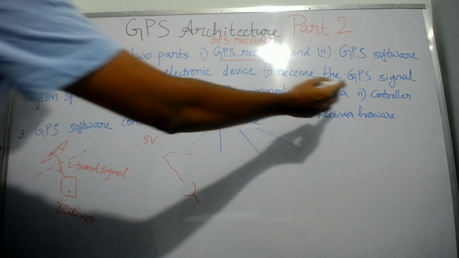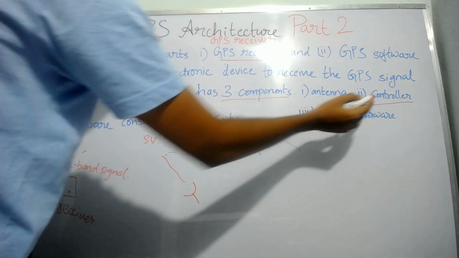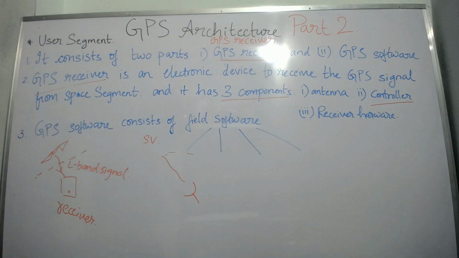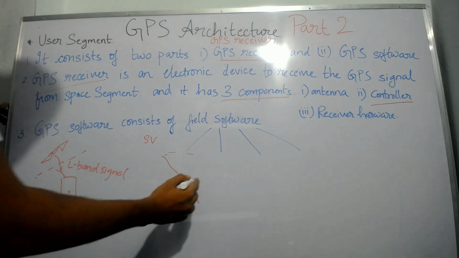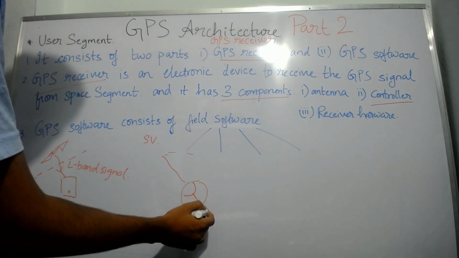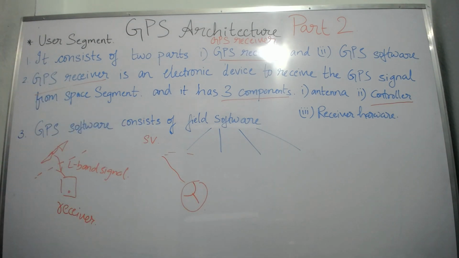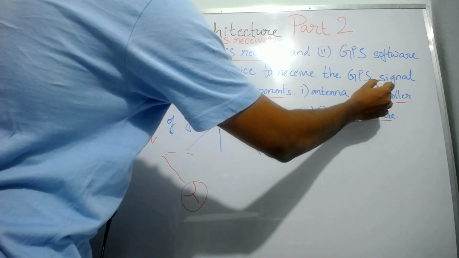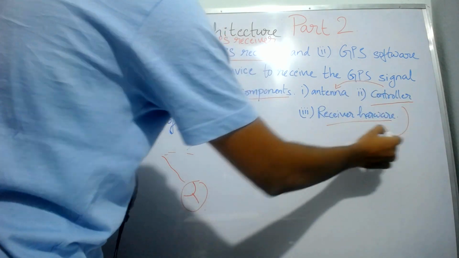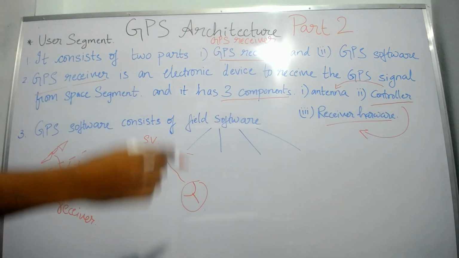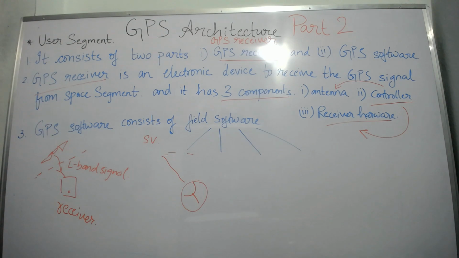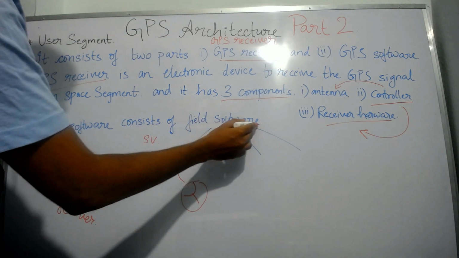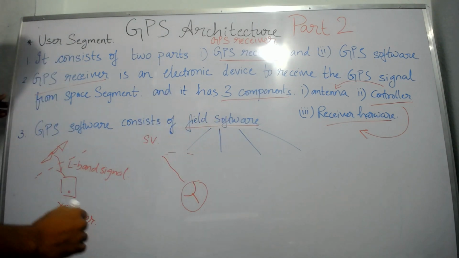And a controller is a part of an instrument in the antenna which controls the antenna as well as the hardware receiver. This controller controls the antenna as well as the hardware receiver through software. This software is called field software.